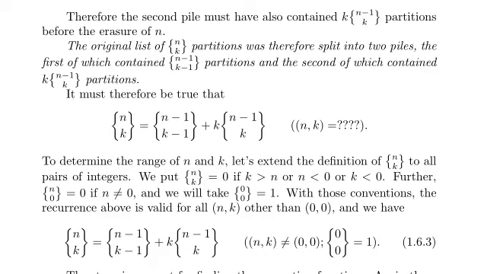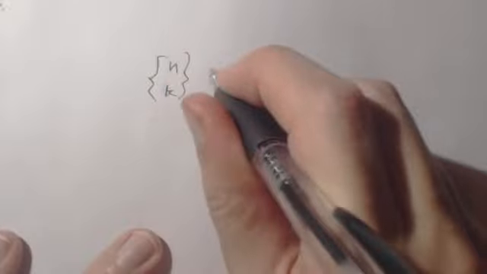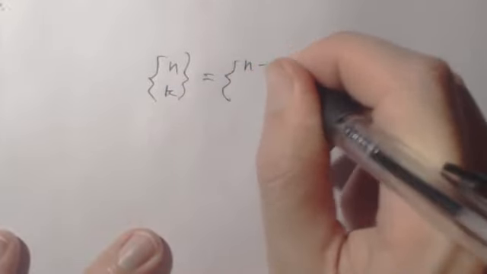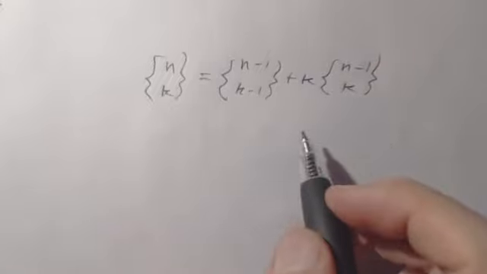So I'm going to write that down. That's our first, and that's pretty decent. That's pretty similar. So {n, k} equals {n-1, k-1} plus k times {n-1, k}. Then this is going to be presumably for all n integer greater than or equal to 0, and I guess you could also have k greater than or equal to 0, any integer.